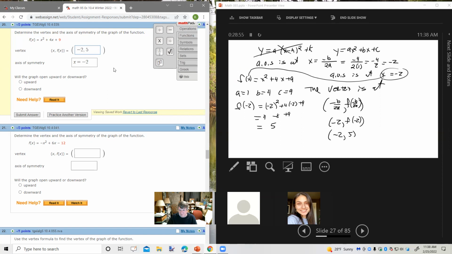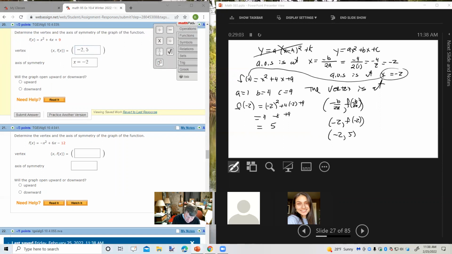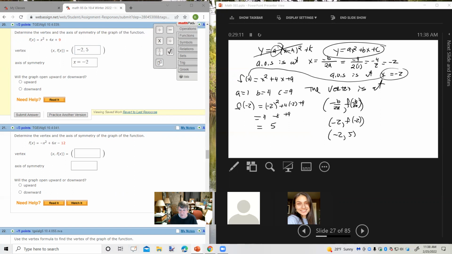Any questions? Now, the a value in this form is the same as the a value in the other form. In this case, a is a positive 1, so it's going to open upwards.